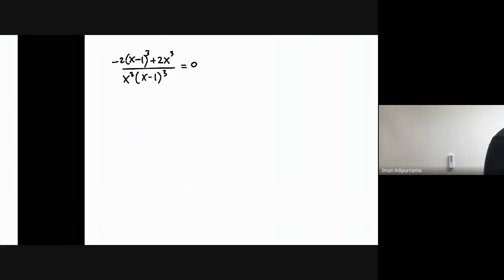The coefficients for a cube, you remember, will be 1, 3, 3, 1, right? This will be a cubed, a squared b, a b squared, b cubed, right?